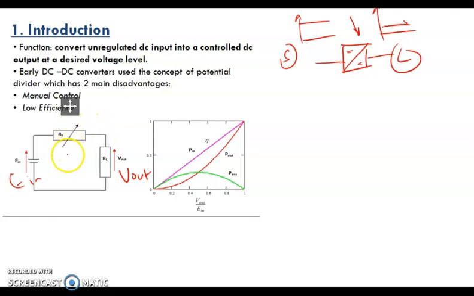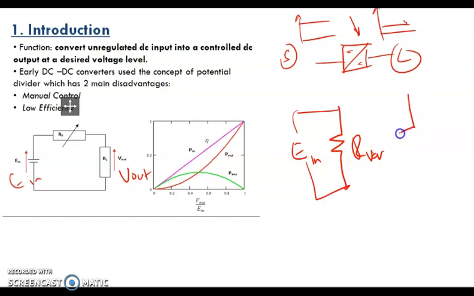So this linear regulator in the earlier age is just like a simple voltage divider. We have a variable R here. If you probe here, the voltage that you measure is relative to ground.